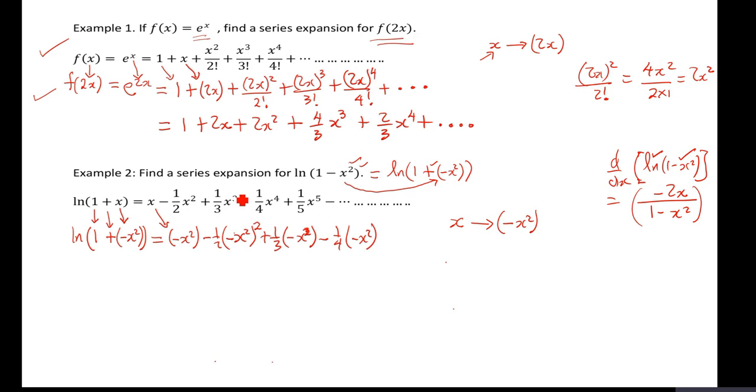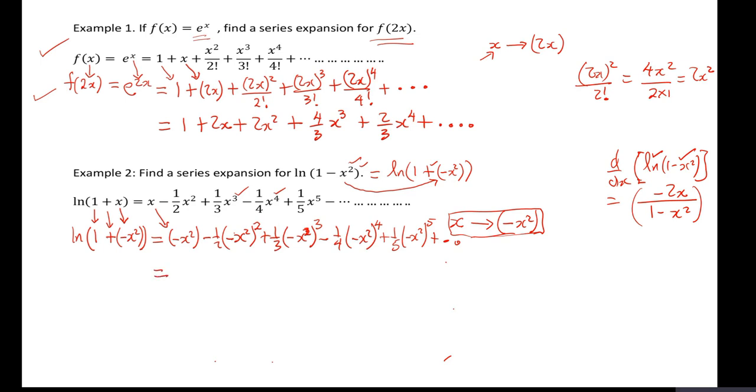And with the 1/3, what's the index? All cubed. With the minus a quarter, what's the index? All to the power 4. Then 1/5 of minus x squared, all to what power? To the power 5, and so on. Let's just put that out of the way.